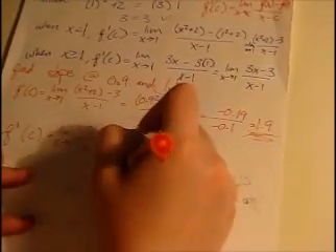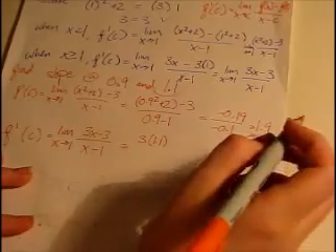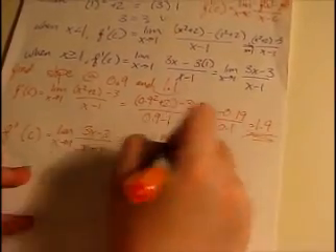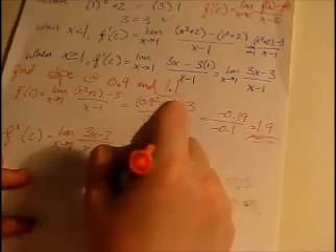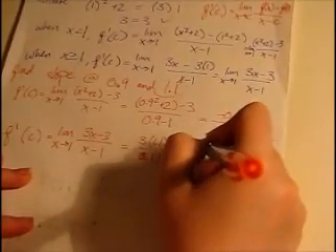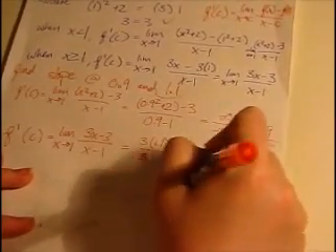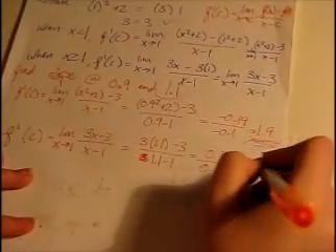So this equals 3 times 1.1 minus 3 over 1.1 minus 1. Makes sense? And that equals 0.3 over 0.1. And that equals 3.